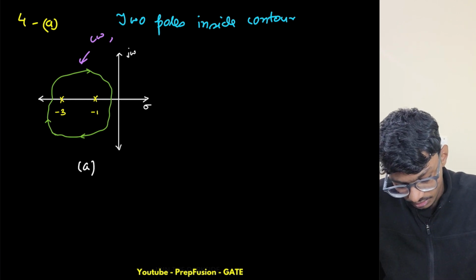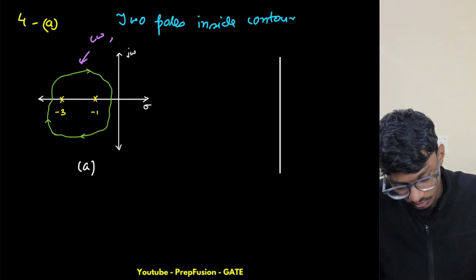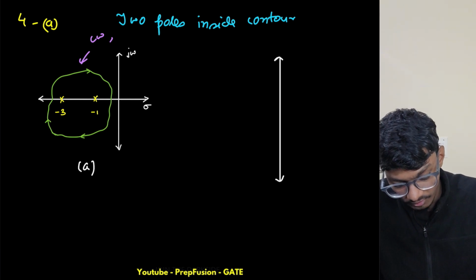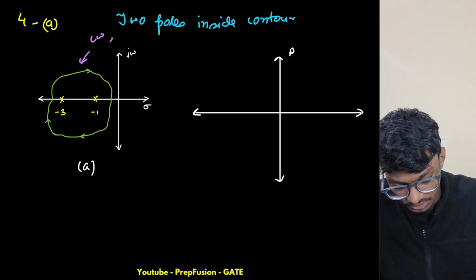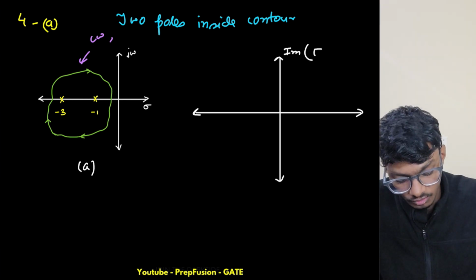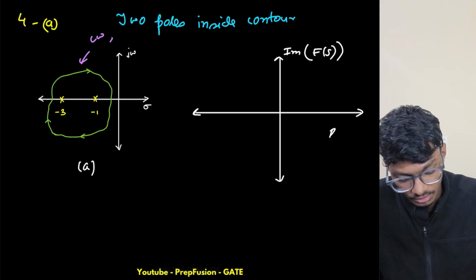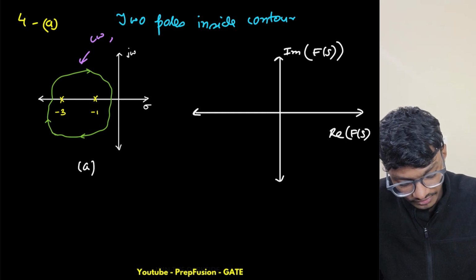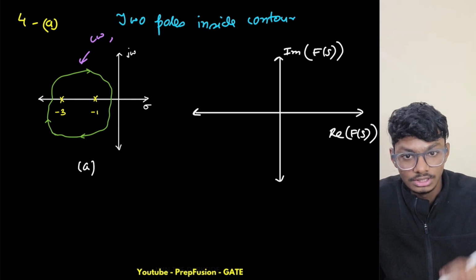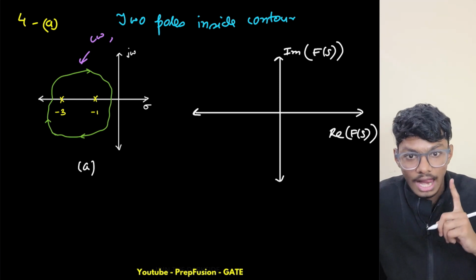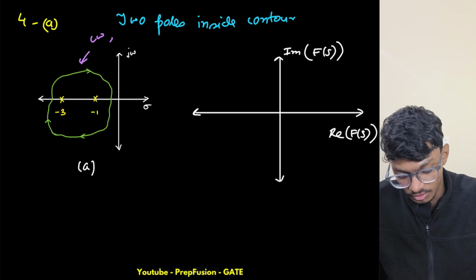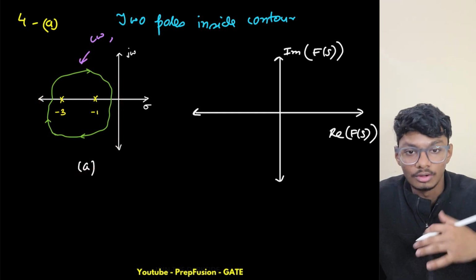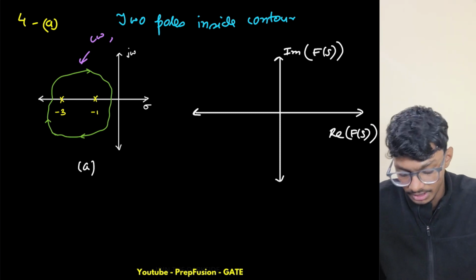So if I draw the axis here, the axes will be basically real of f of s and imaginary of f of s. Now of course I won't be able to exactly know how my contour will look like, but the features I am able to understand. What are the features? There will be two encirclements around the origin, and the direction of the contour will be anti-clockwise, because my original contour was in the clockwise direction, so it will be in the anti-clockwise direction.